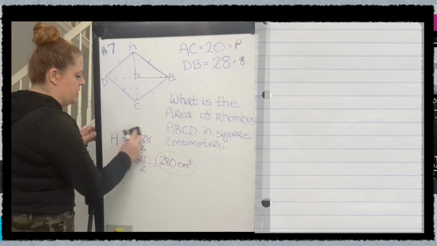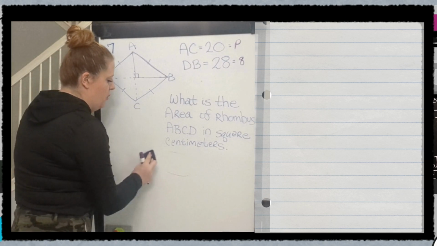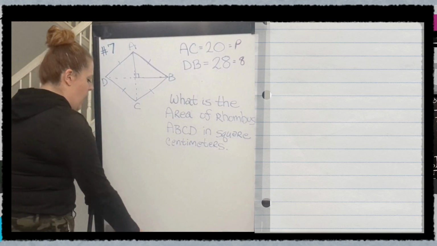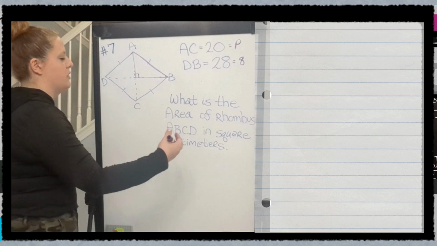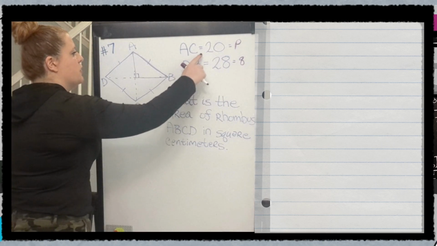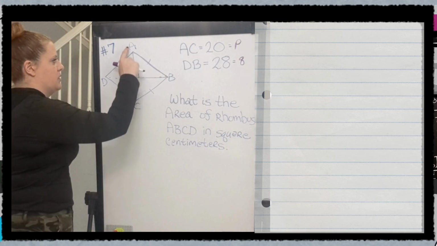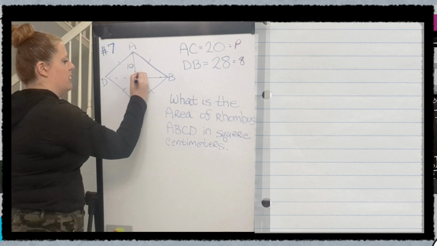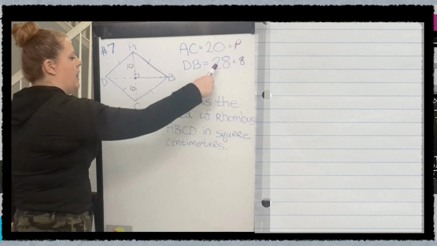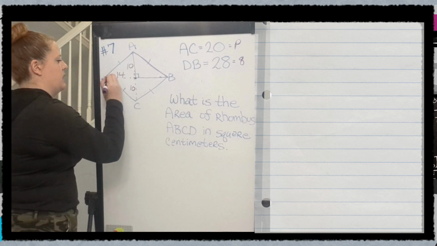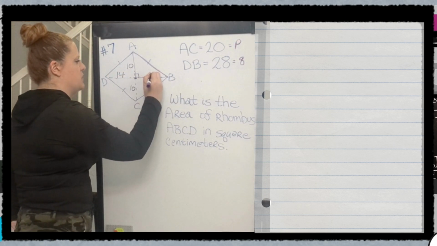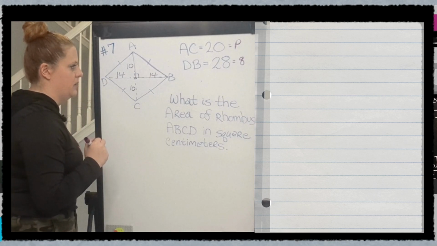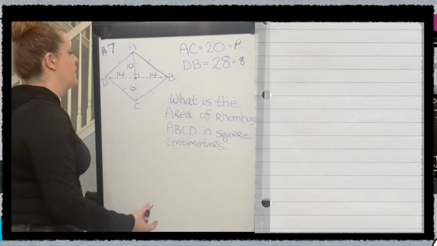I know if you're watching this for the sake of just getting your homework done, you are going to skip this part, but this really might come in handy if you're taking an EOC. So if we know AC is 20 units long, that means each part of this is 10. And with the 28, we know each part of this one is going to be 14, half of the total length.